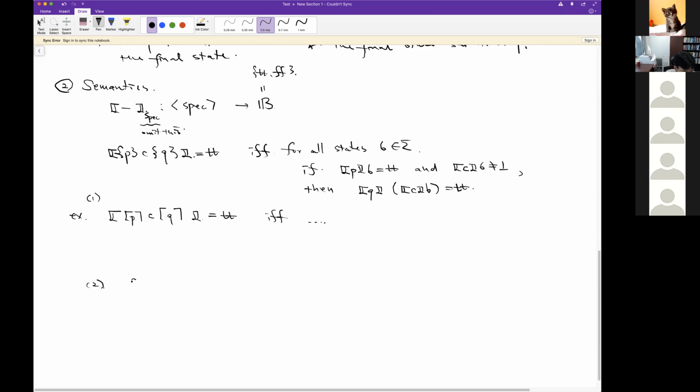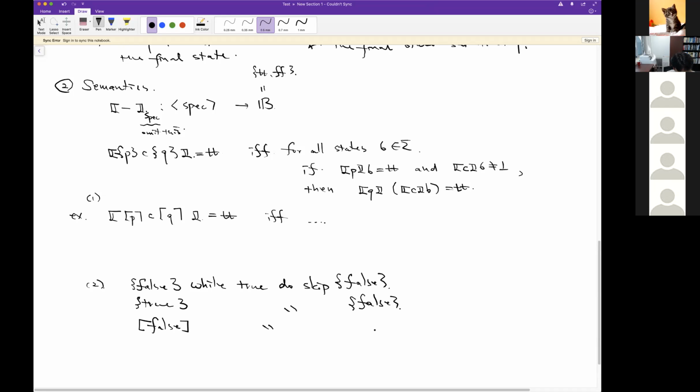So we have false, while true do skip. So this means the program goes into an infinite loop. False. True. The program is the same and the postcondition is the same. And then another one is for false, false.